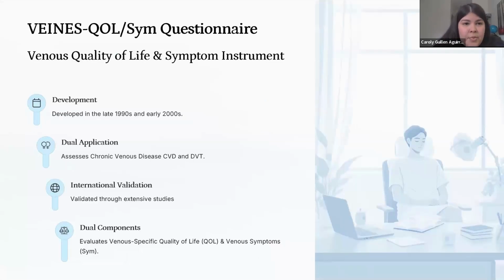We have the VEINES Quality of Life Symptom Questionnaire that was developed in the 1990s and early 2000s. It has dual applications to assess chronic venous disease and DVT. It has international validation also and dual components: the venous-specific quality of life and venous symptoms components.